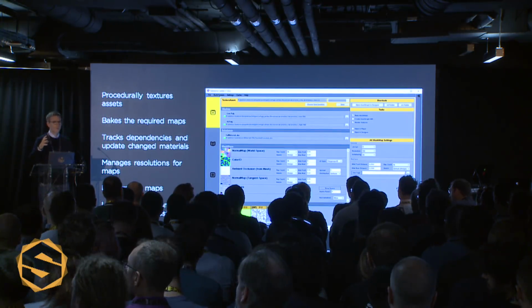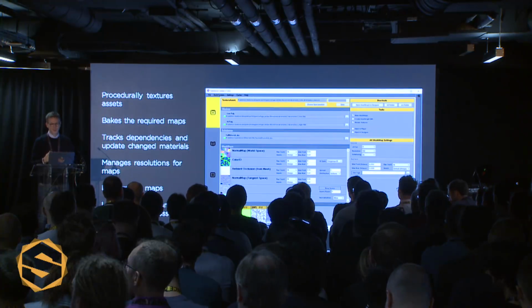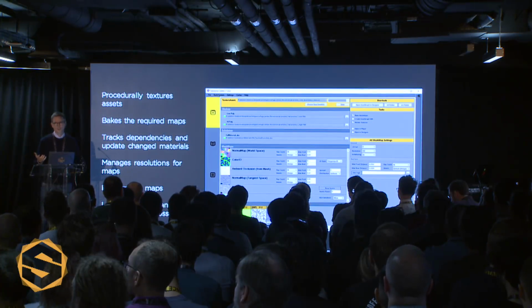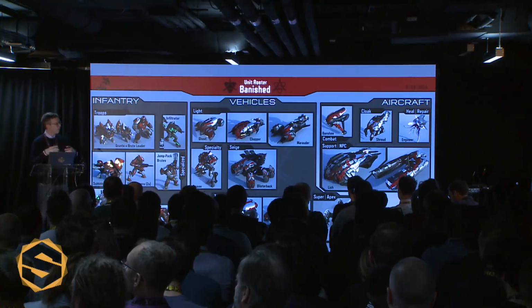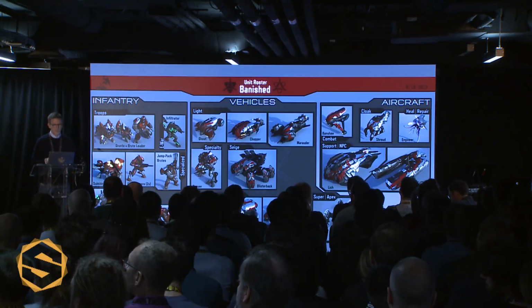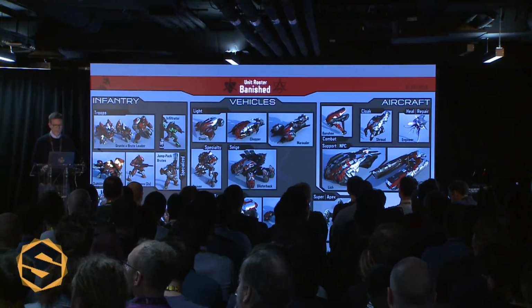Let's say you come up with a new asset you just modeled. It will bake the maps for you, generate the textures for you, and do all of that automatically. And you can explore variations of given parameters in the materials so that you can very quickly populate an entire world with textured assets.